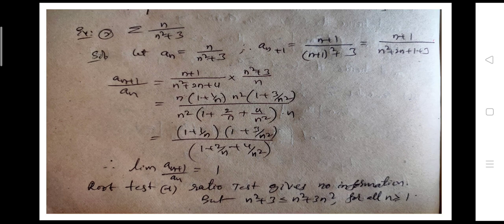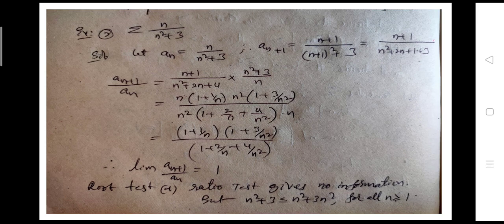Here n gets cancelled and n square gets cancelled. We get only 1 plus 1 by n into 1 plus 3 by n square by 1 plus 2 by n plus 4 by n square.